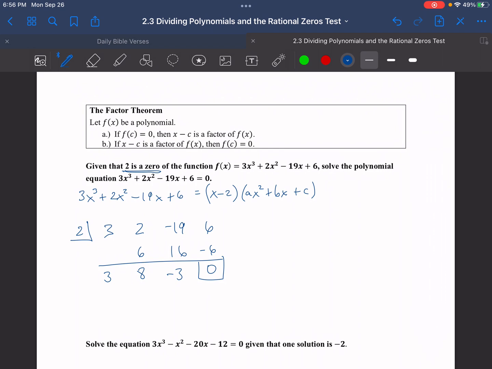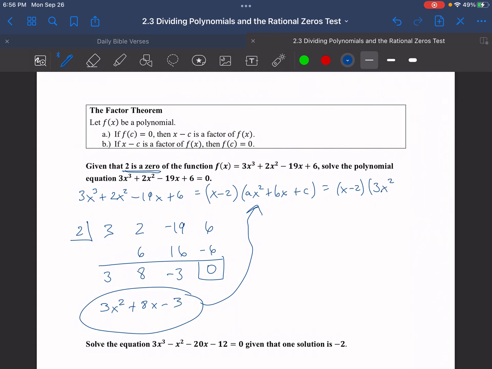And then that tells us that if we do that division, we end up with 3x squared plus 8x minus 3. And so what that means is this part right here is essentially that part right there. So what we can say then is that this equals x minus 2 times 3x squared plus 8x minus 3.